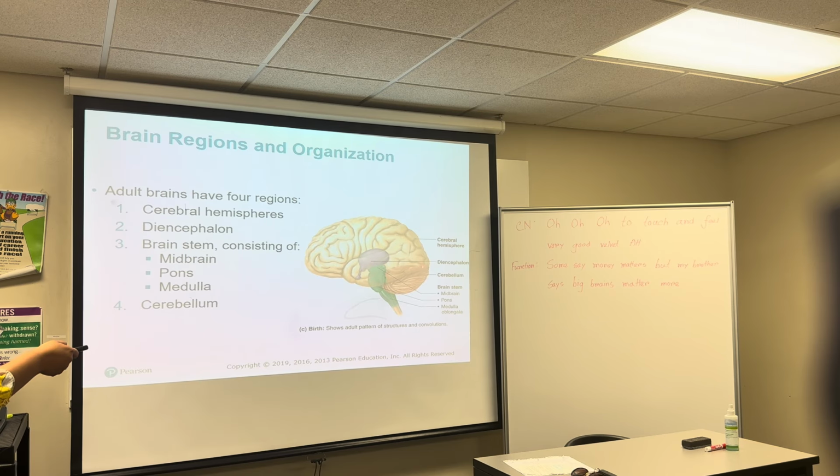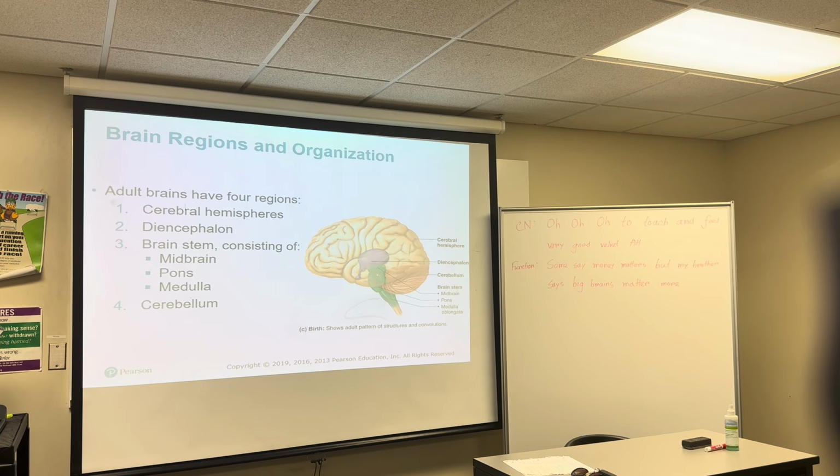Underneath the cerebrum, or inferior to the cerebrum, what do you have? You have the cerebellum, right? And where do you find the diencephalon? You find the diencephalon when you do the mid sagittal dissection inside the brain.